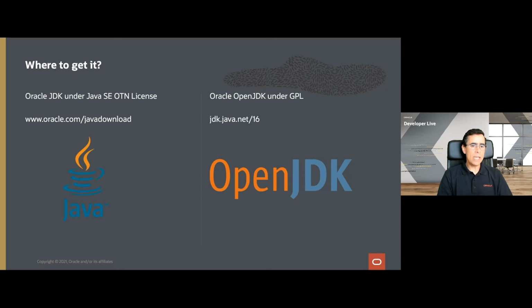You can also get OpenJDK binaries for JDK 16, which are the exact same binary. The difference is the license. Well, mostly the license. There are some other minor changes, like if you run java -version, one will say JDK and the other one will say Java. You can get the OpenJDK binaries for 16 under the GPL from jdk.java.net/16.